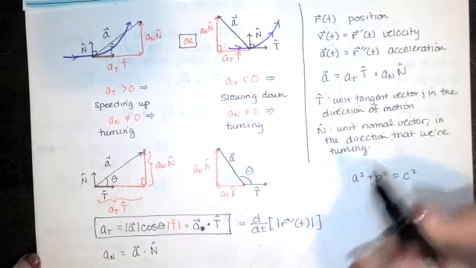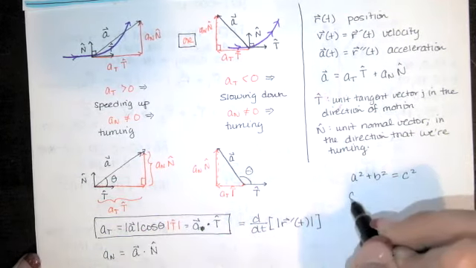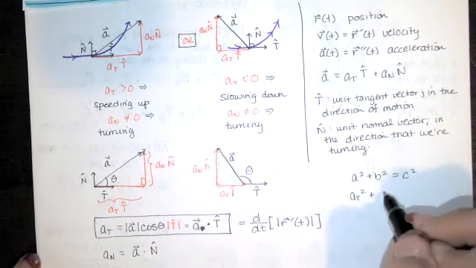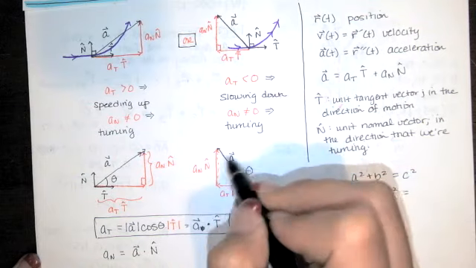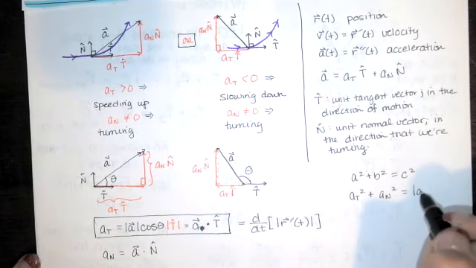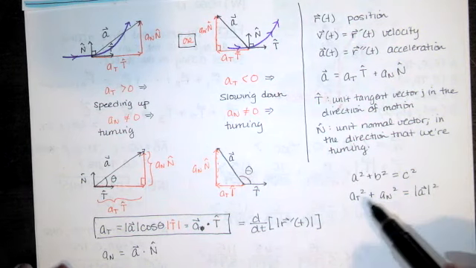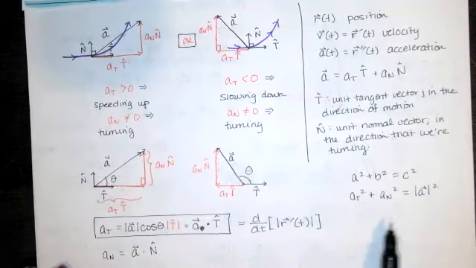In both cases, we're taking a sub t and we're squaring it, and we add that to a sub n squared. And that equals the magnitude of the hypotenuse squared, which is the magnitude of our acceleration vector squared.